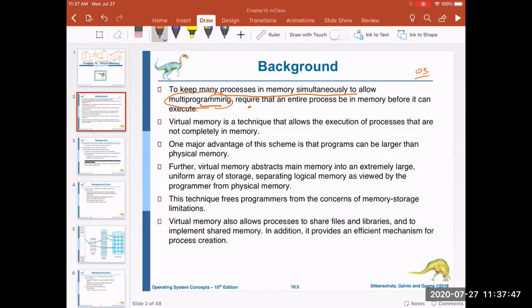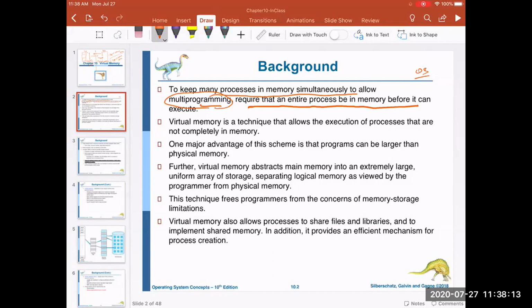As of now, we discussed that the entire process must be in memory before it can execute. The binary files are loaded into the RAM, and then they are mapped to an address space, and the CPU starts calling the instructions and data from RAM, and starts executing the process.